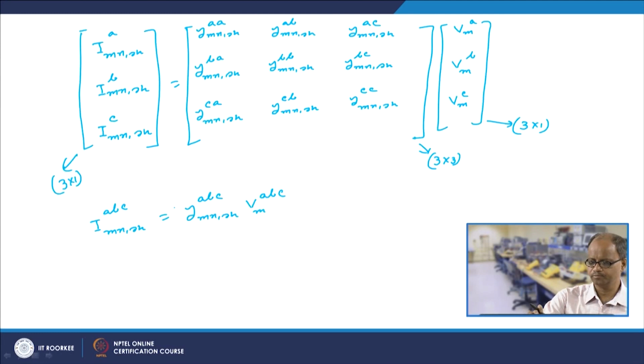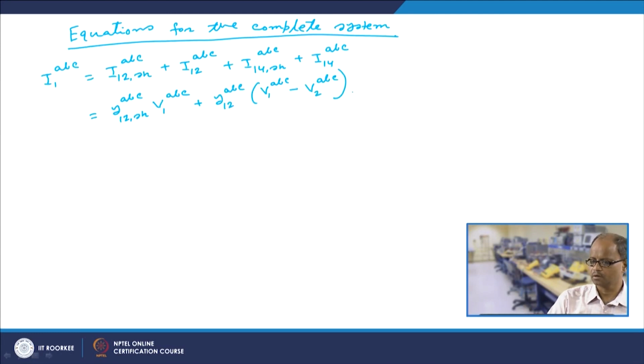Similarly, I14 shunt ABC would be Y14 shunt ABC into V1 ABC.